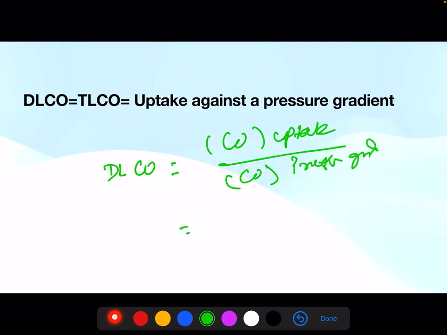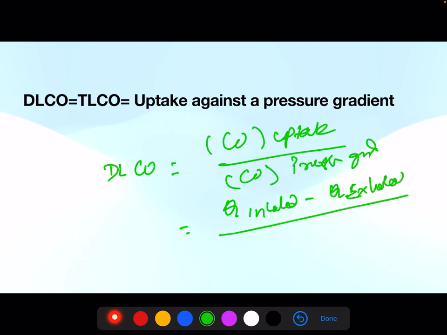Uptake is basically the quantity inhaled minus the quantity exhaled, because the inhaled quantity we already know and the exhaled quantity we estimate. And the carbon monoxide gradient is the difference between carbon monoxide concentration in alveoli minus carbon monoxide concentration in the arterial sample.